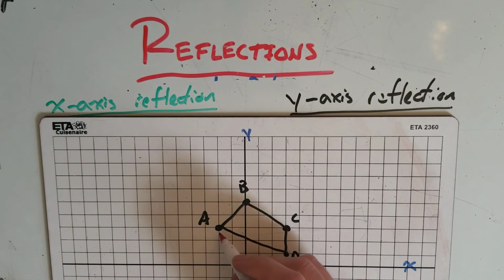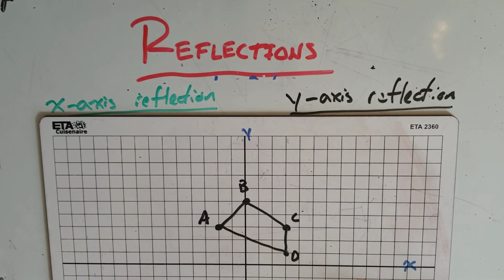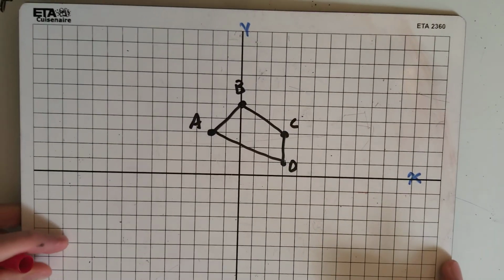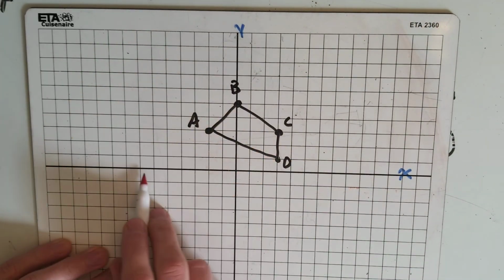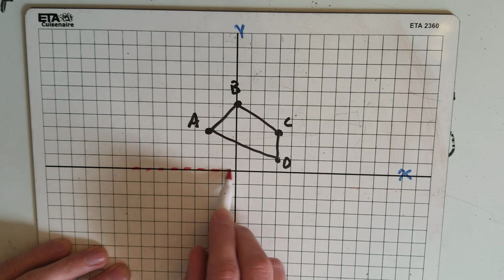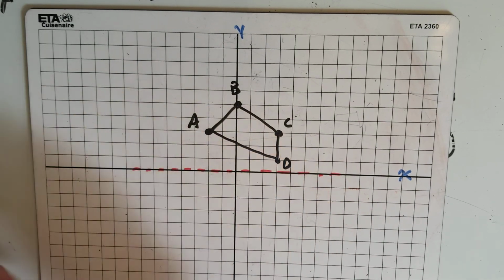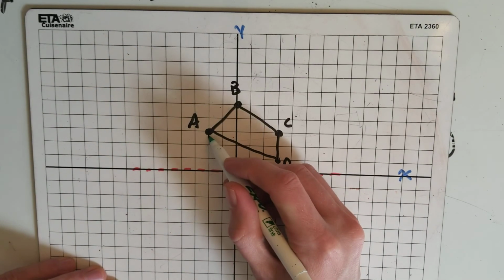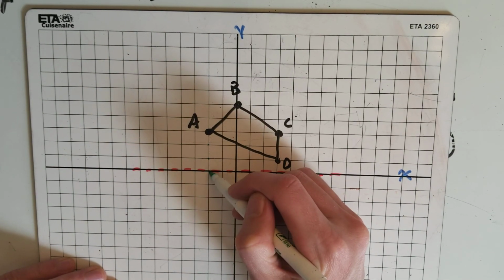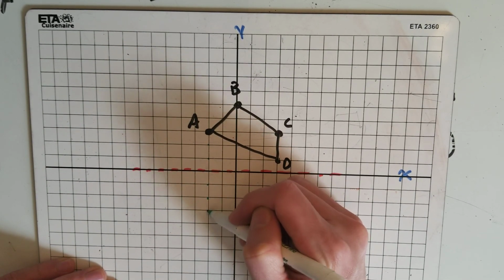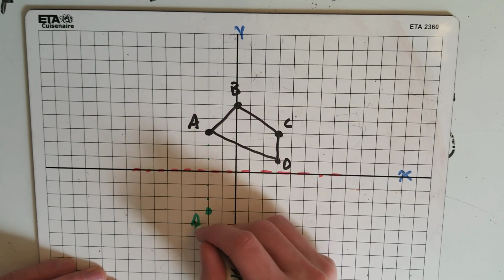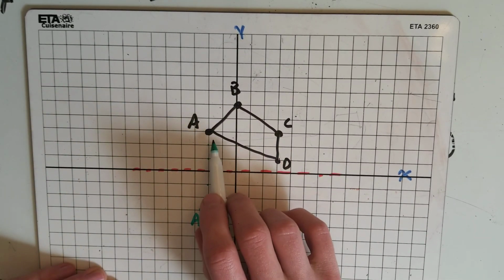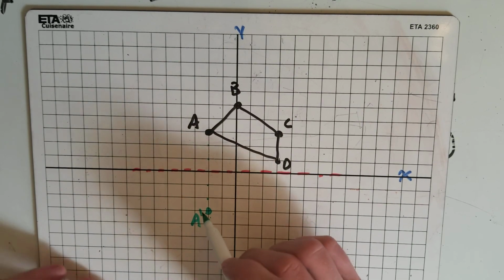Let's start with A. I'm just going to use that rule that we talked about right at the end there, about just using the distance away. We're reflecting over this line here, that's our line of reflection. Point A is 3 units away. So if we just go straight down 3 units, this is where A prime is going to be. And if we were to plug in the coordinates and use the rule, we're going to end up here anyway.